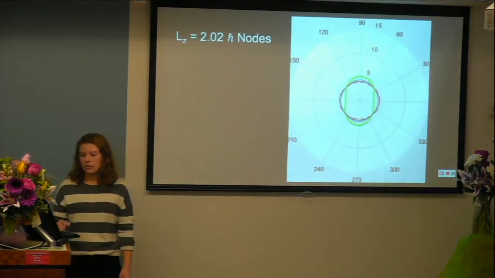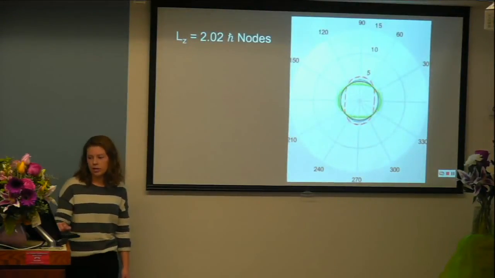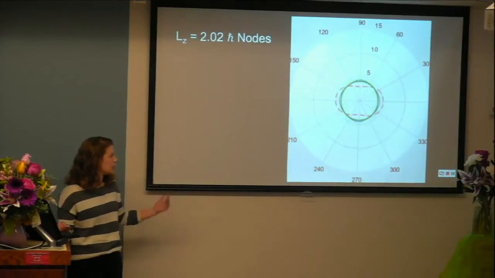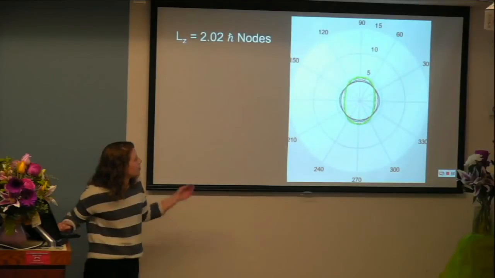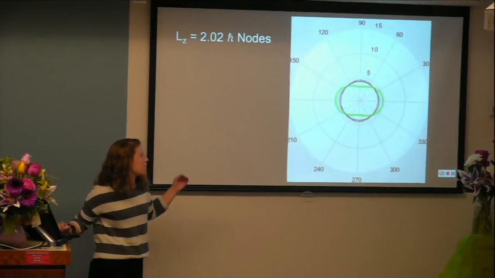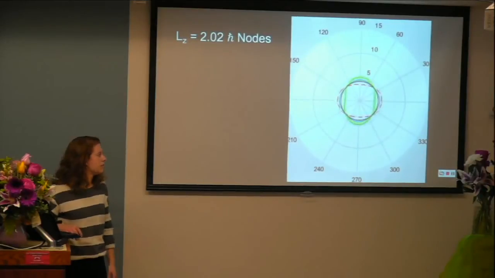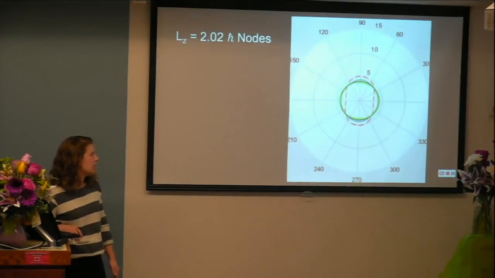And then the second one, we did 2.02 nodes. So clearly those movements are a lot more stable, and the combination of the red and the green makes the blue line unmoving. So this electron is pretty stable in its condition.